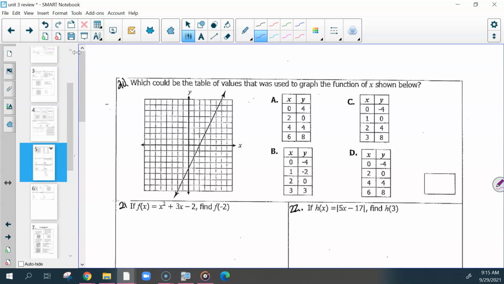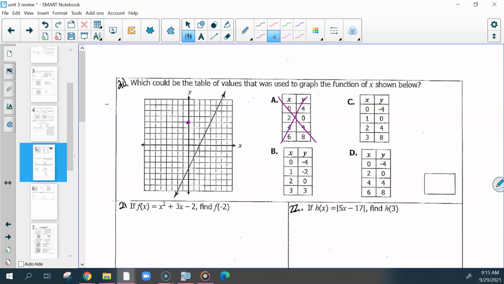So for this one, the easiest way to do this one would be to plot some of these points and see if they line up. So for A, if I plotted the point 0, 4, that's me starting at the middle and going up 4. So I can already eliminate A because that point is not on the plot.